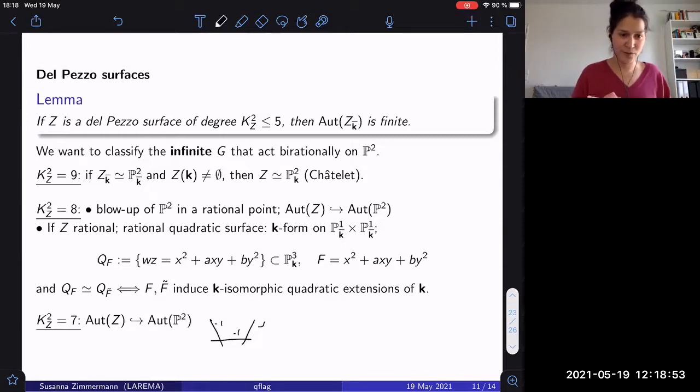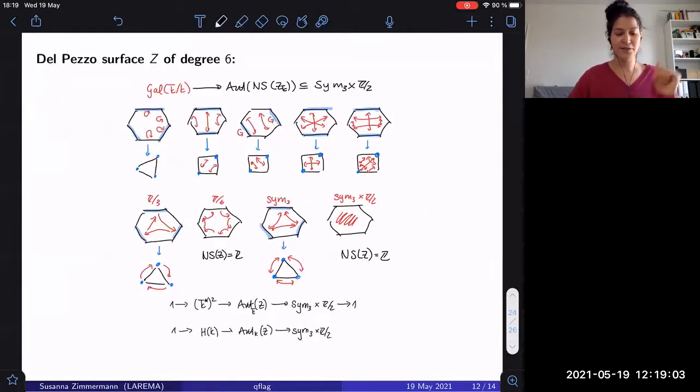So we know its automorphism group as well. Okay, so this leaves the Del Pezzo surfaces of degree 6. These have 6 (-1)-curves that are in a hexagon, and the Galois group acts on this hexagon.